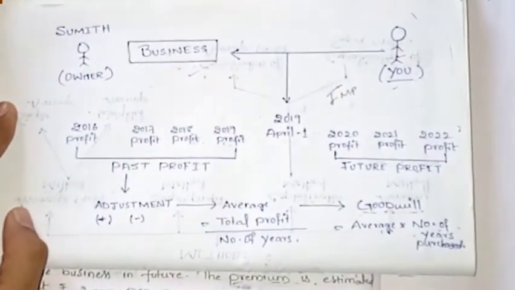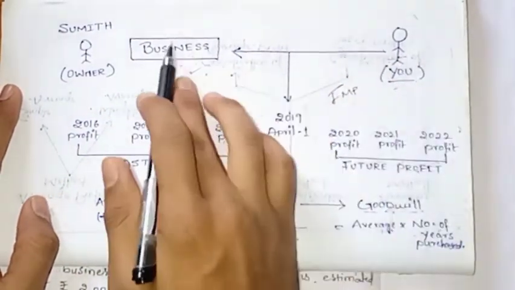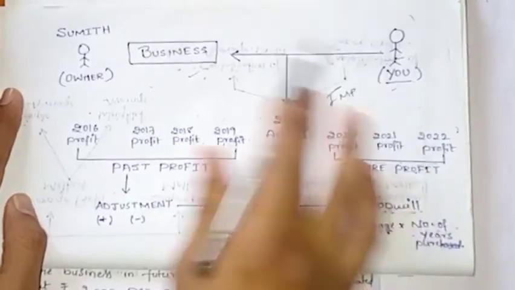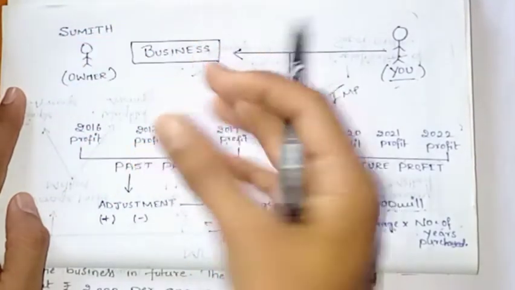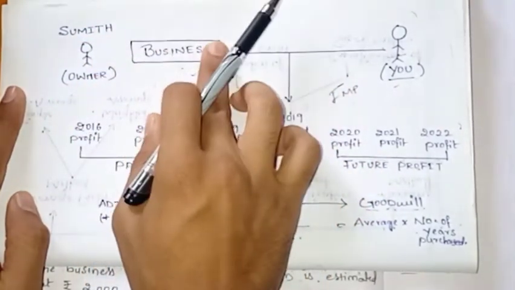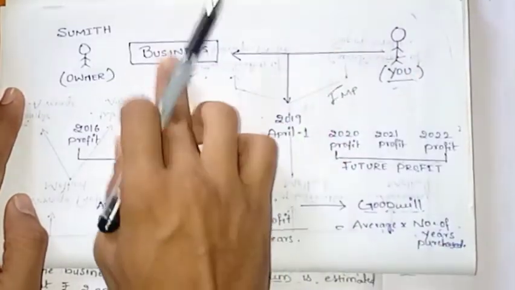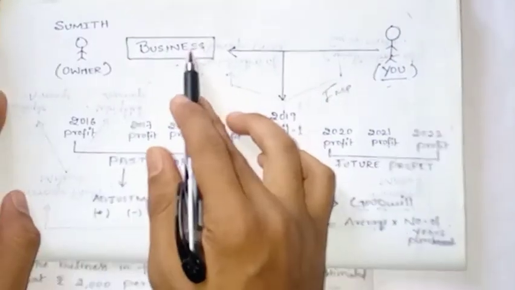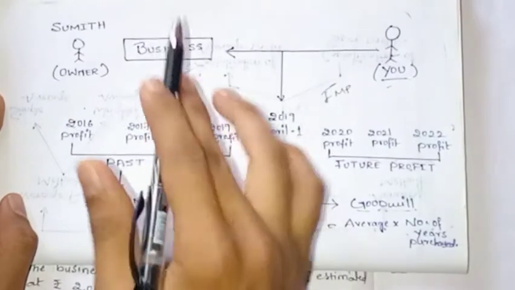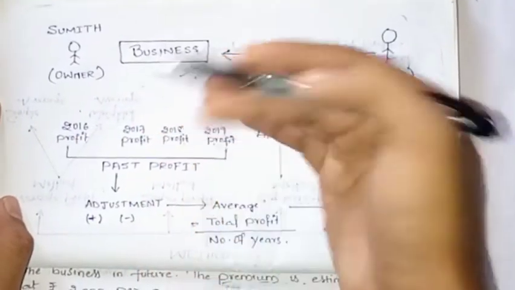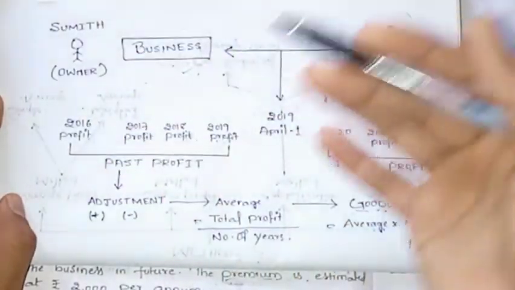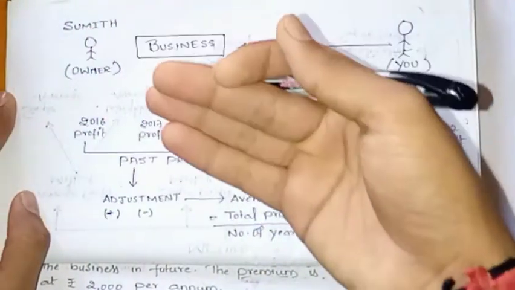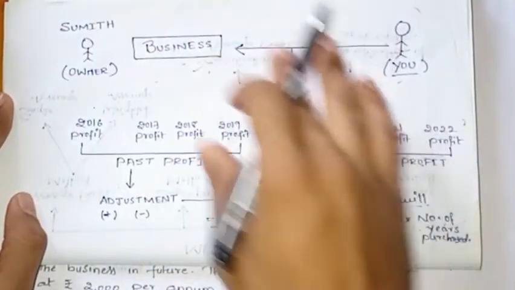So for you to purchase this business and for Sumit to sell it, you have to pay him something extra for the future profits. If the fair value of the net assets of this business is 10 lakh rupees, then you have to pay 30 or 40 lakh rupees for this business. You have to pay a premium, something extra, for this business.